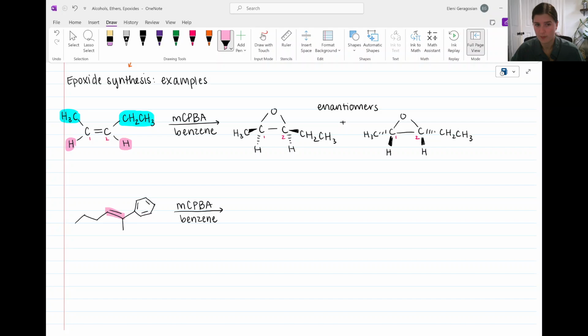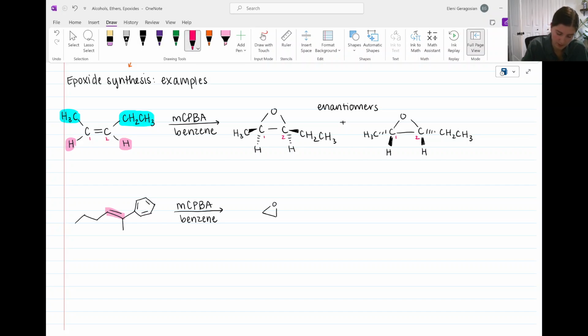So if you ever have an aromatic ring, we can ignore that for forming epoxides for the specific reaction with metachloroperoxybenzoic acid, and we will focus on that double bond that I highlighted in pink. So that is the bond where we are going to have our epoxide ring. I'll go ahead and just draw in that ring here.